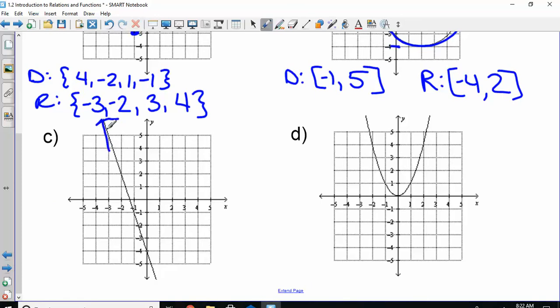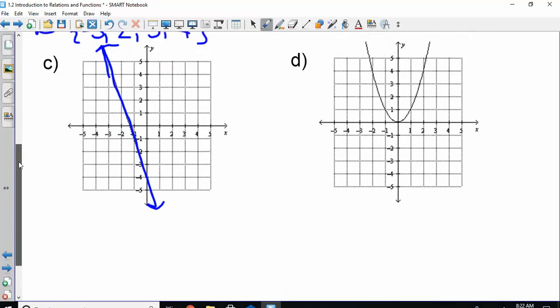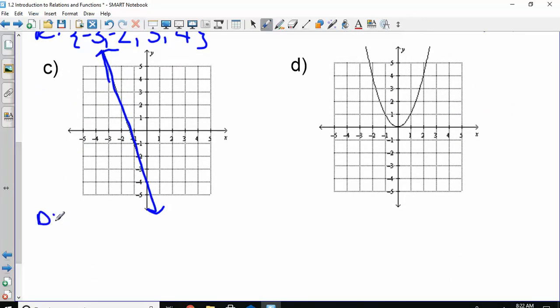I just have this line. Domain. As I go from left to right, this end is extending to the left forever. This end will extend to the right forever. So eventually it's going to hit everything.